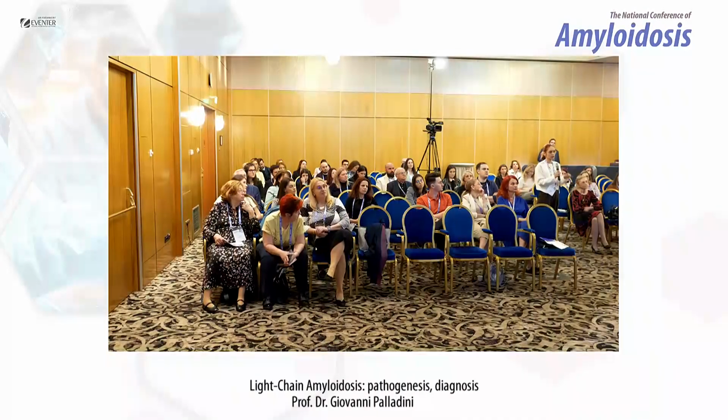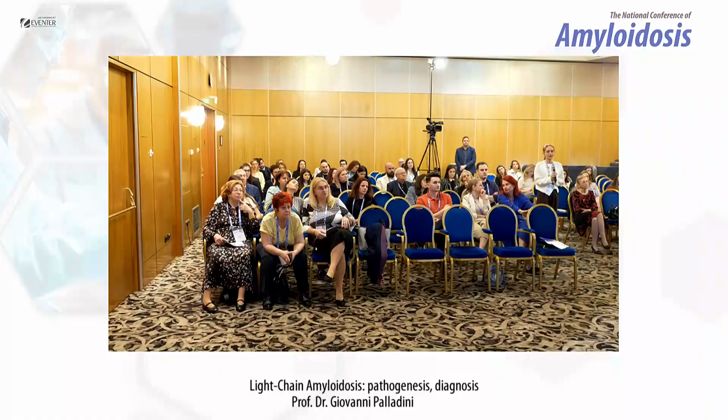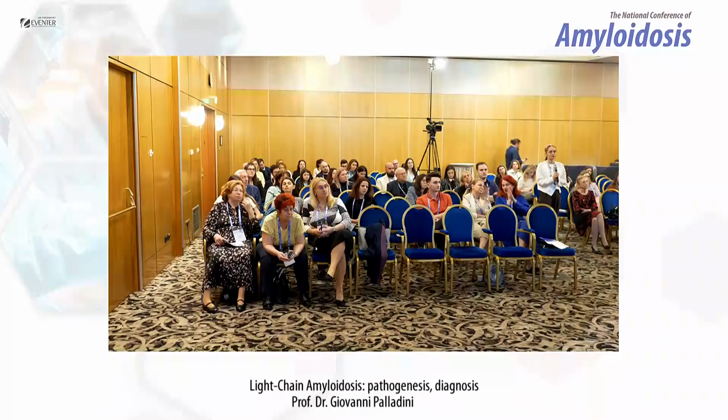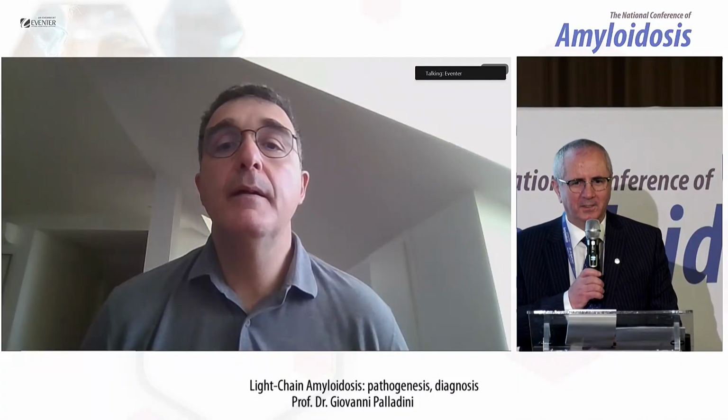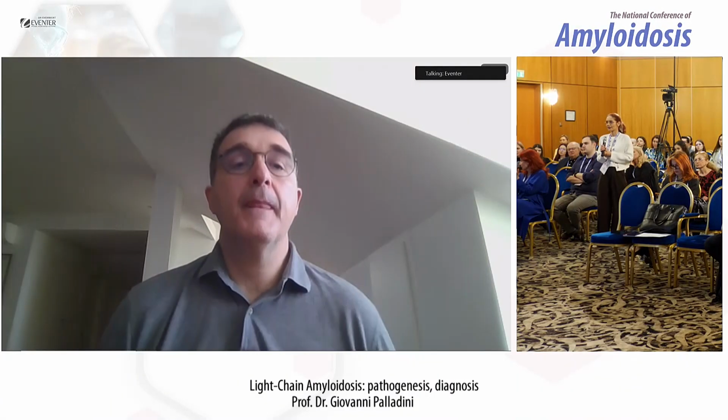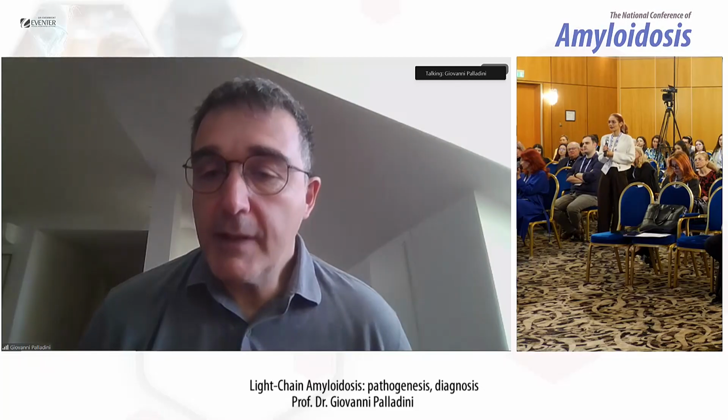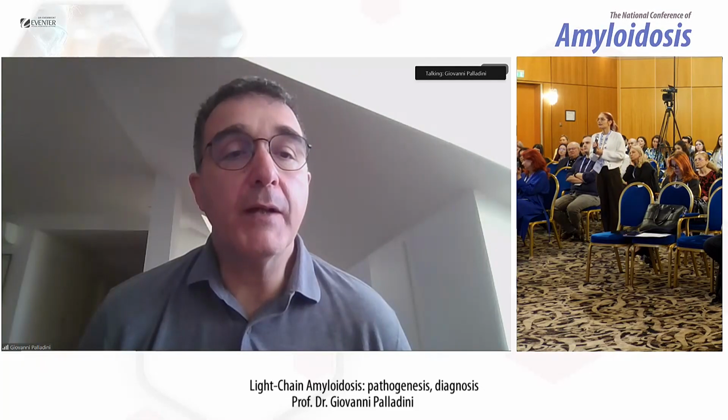So the patient has a mutation present, so she has a TTR mutation. I mean, she had a pathogenic mutation, yes. And also we have to say she is 86 years old, yes. I couldn't hear very well the beginning of the question.